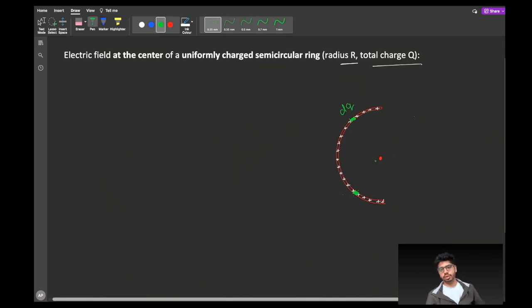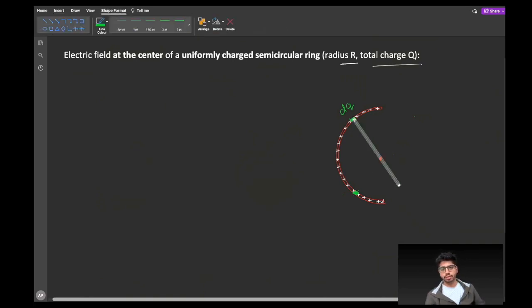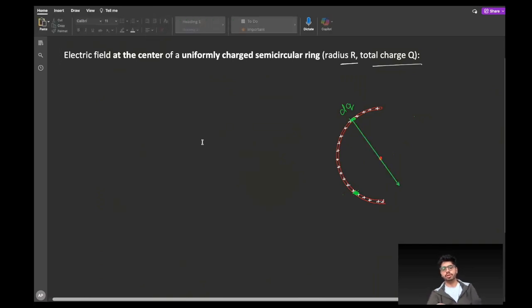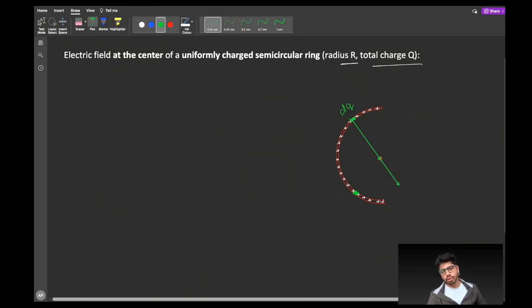Due to this dq element, the electric field at the center points away from the positive charge, so I show the electric field direction like this. I'm going to name this dE vector, the small electric field due to the dq charge.